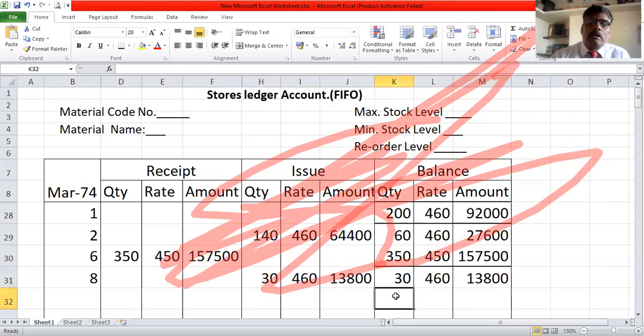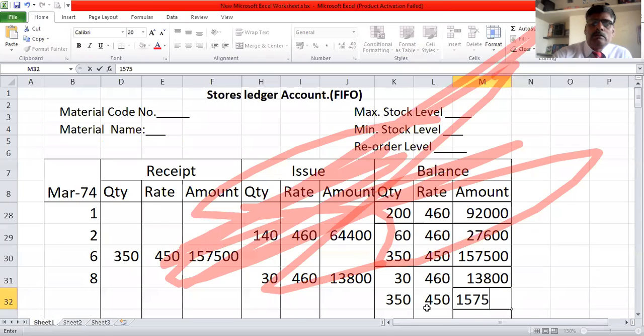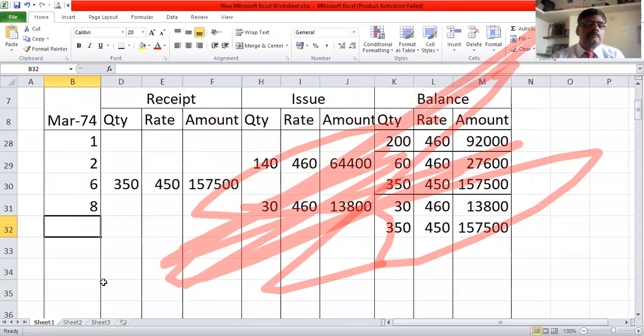And next lot balance is 350 at the rate of 450. Amount is 1,57,500.